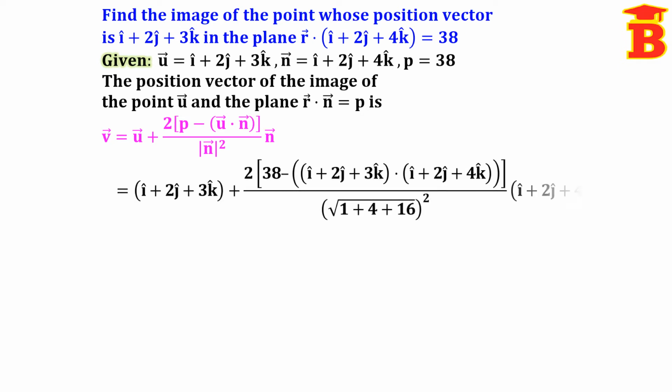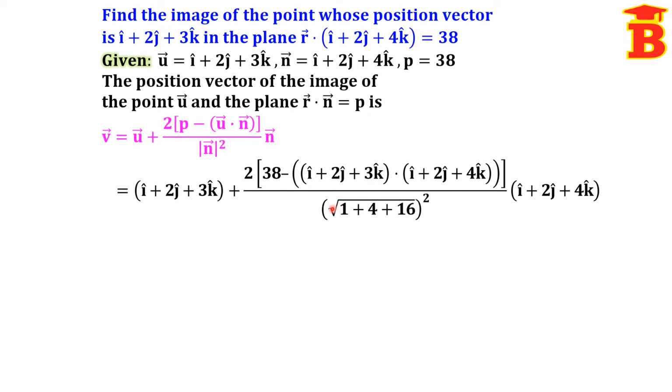So v vector is equal to u vector i plus 2j plus 3k plus 2 into p value 38 minus u vector dot n vector. This is u vector dot this is n vector divided by modulus n vector square.